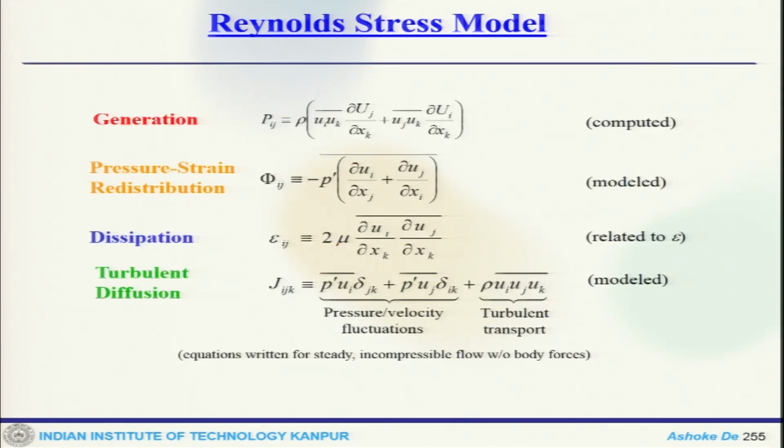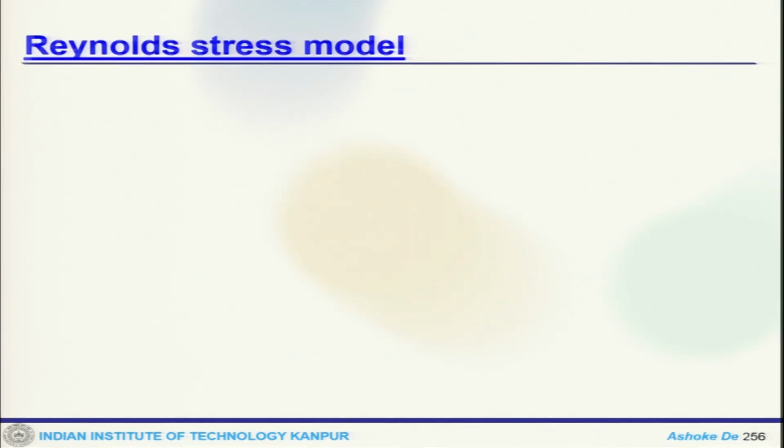So these are the terms which are associated with that. This is the generation term, the turbulence generation is given like that, this is the pressure strain term, this is dissipation and the diffusion term. Now this is based on Reynolds averaging.